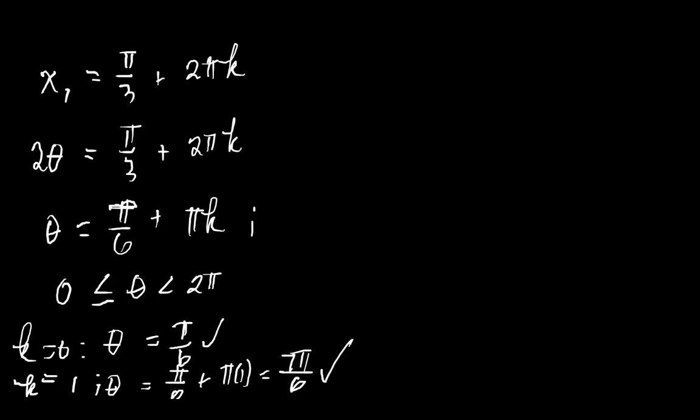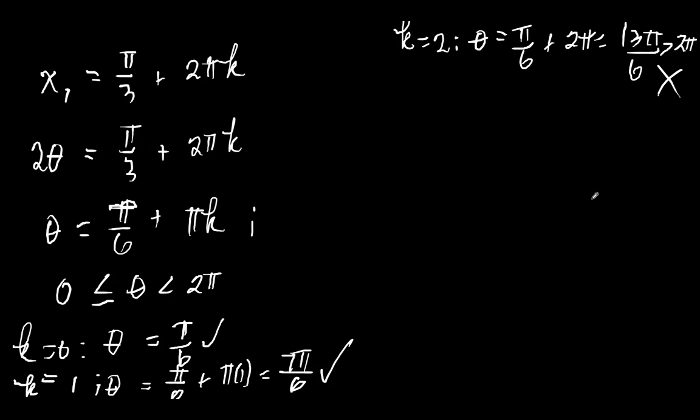Correct? However, if k is equal to 2, so this becomes 2 pi. Let's write it down here. K is equal to 2. So theta is equal to pi over 6 plus 2 pi, which is equal to 13 pi over 6, which is greater than 2 pi.